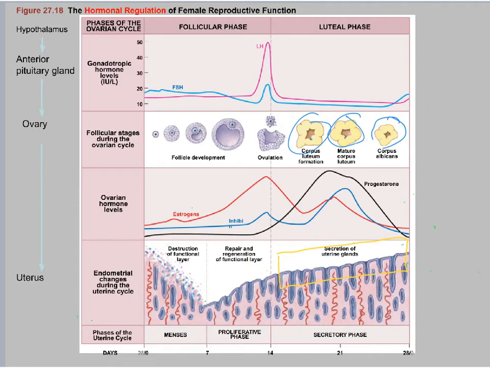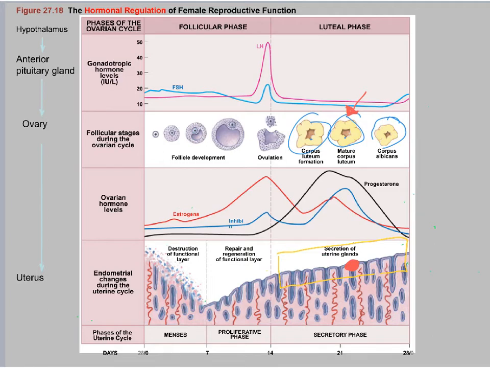However, if there is a fertilized egg present, the mature corpus luteum, this structure right here, will continue to produce progesterone long enough for that embryo to create the placenta, and then the embryo will start making its own progesterone.